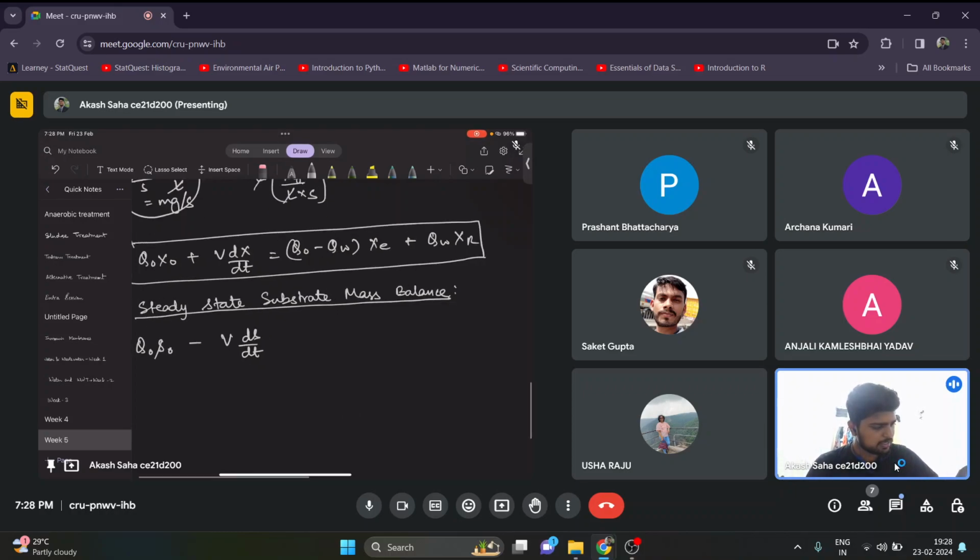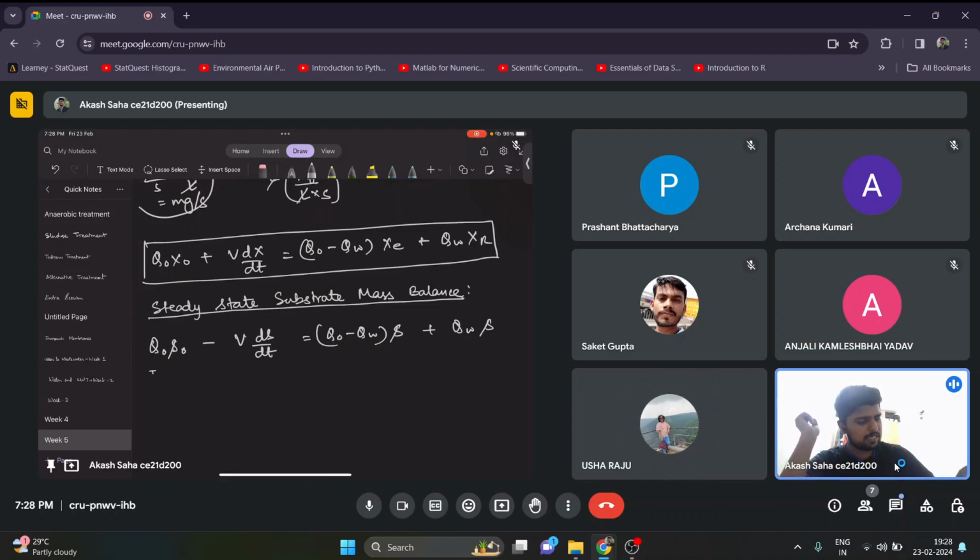Now again, the rest of the things will be the same, Q naught minus QW into S, because S will remain the same, plus QW into S. So pretty simple, same as the above equation. This is my influent, this is what is being used up with time, this is my effluent, and this is wasted.